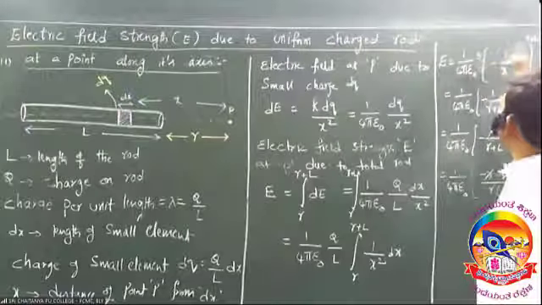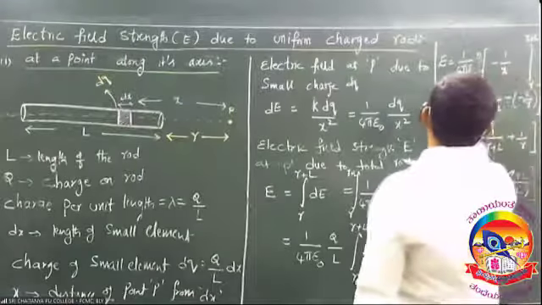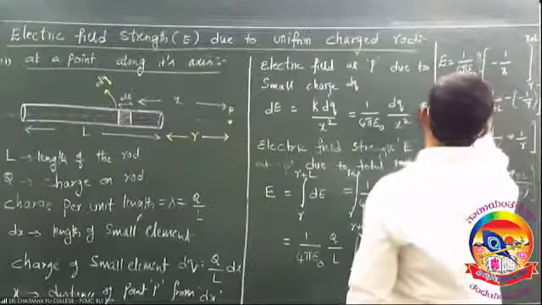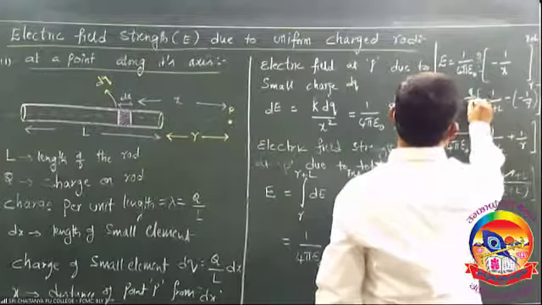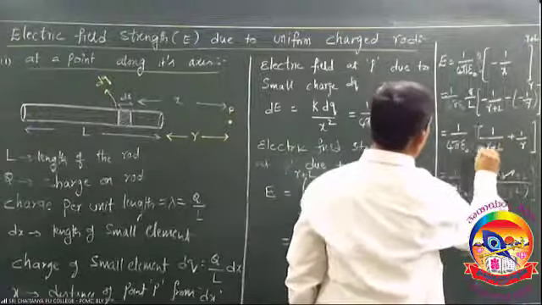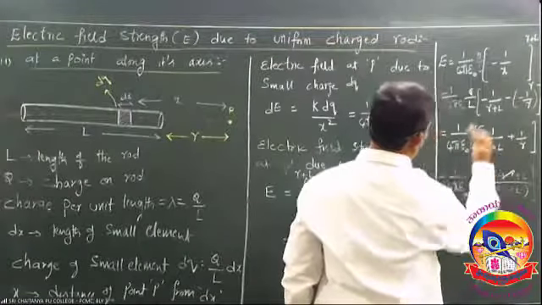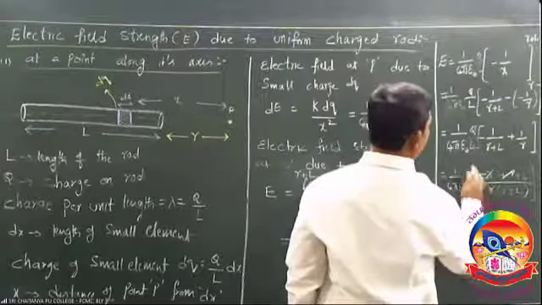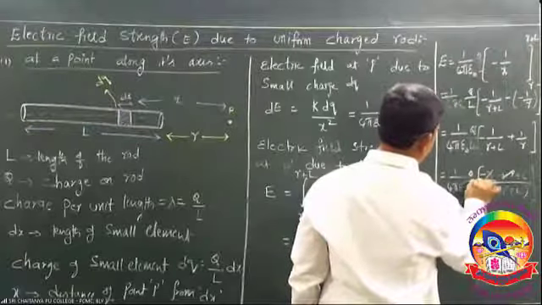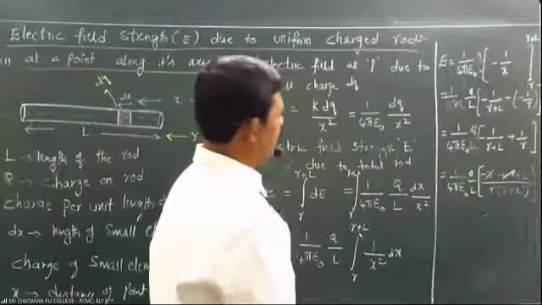Q by L. Here also Q by L. 1 by 4 pi epsilon naught Q by L.